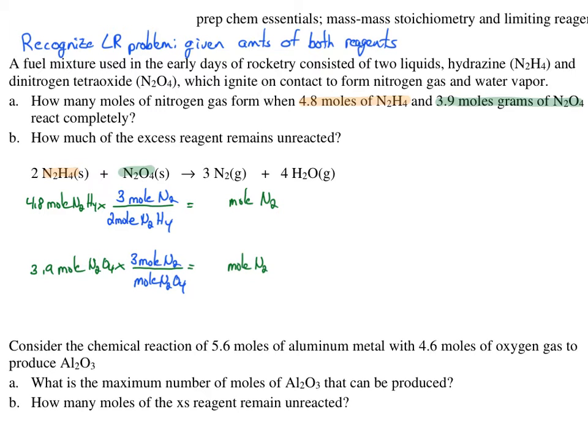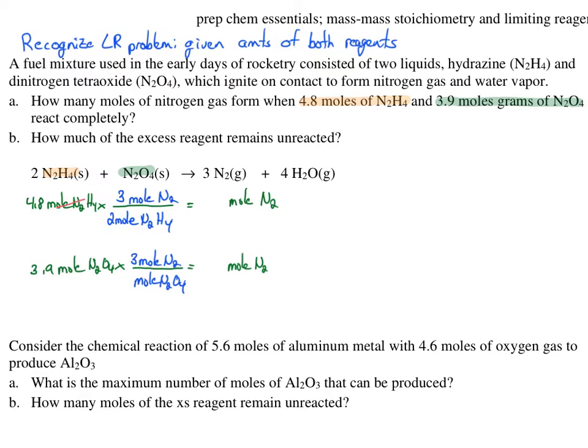We use our balanced chemical equation to generate both of these mole-to-mole conversion factors. We need to cancel out moles of N2H4, so 2 moles of N2H4 are equivalent to producing 3 moles of N2. For N2O4, its coefficient is 1, so every mole of N2O4 is equivalent to producing 3 moles of N2.